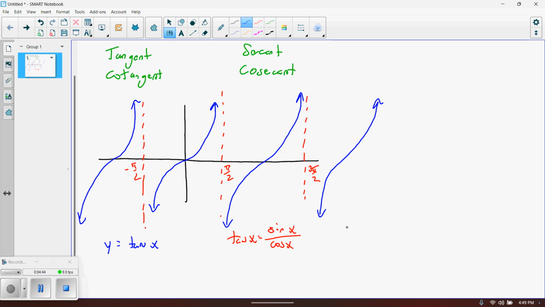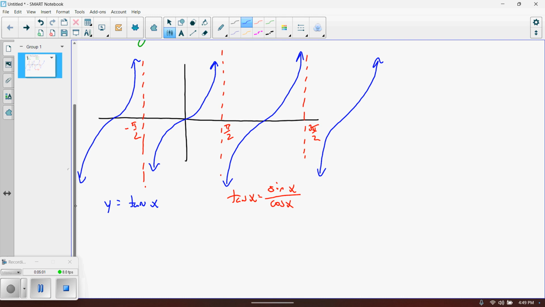So it's going to shift pi halves units because sine is going to be 0 at 0, pi, 2 pi, and so on. So all the whole values of pi. And the entire graph is going to reflect, instead of being an increasing function like you see here, cotangent will be a decreasing function. So let's take a look real quick at what that graph would look like.